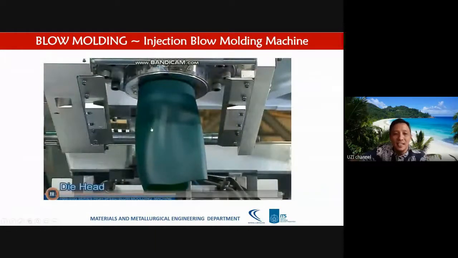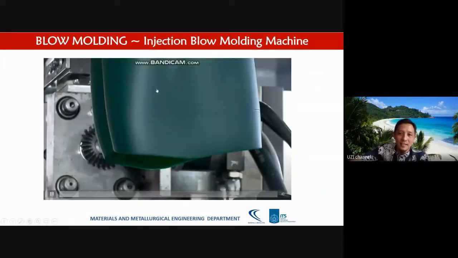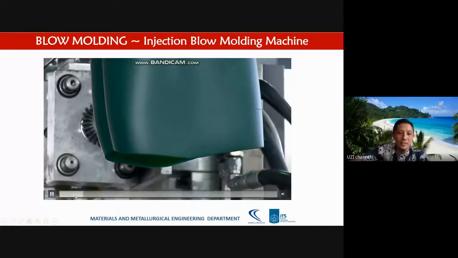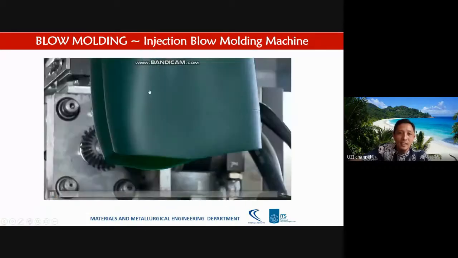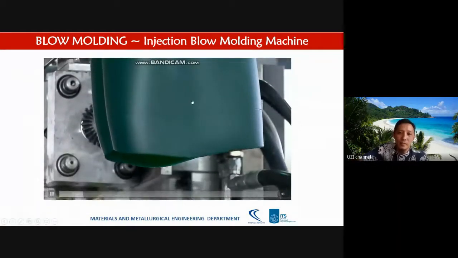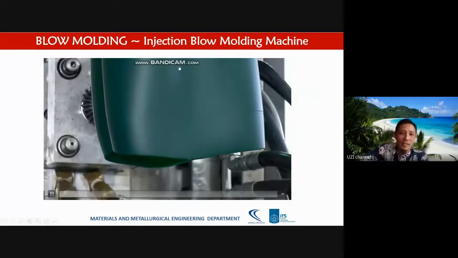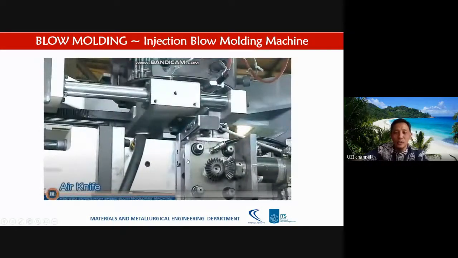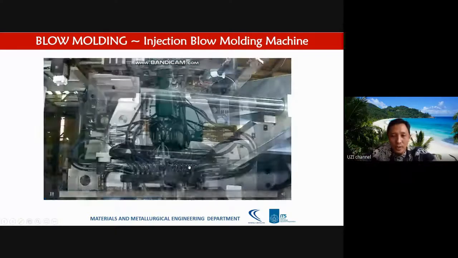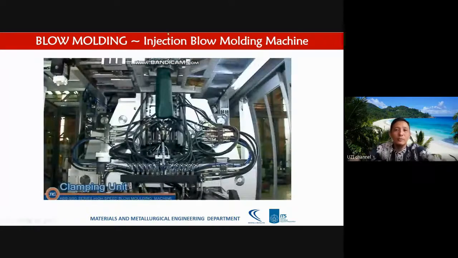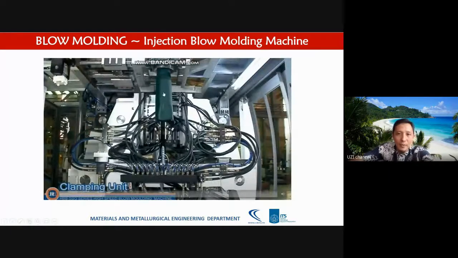Like this. This is the die head. The polymer melt comes out from there, and this moves to form the soft polymer melt.